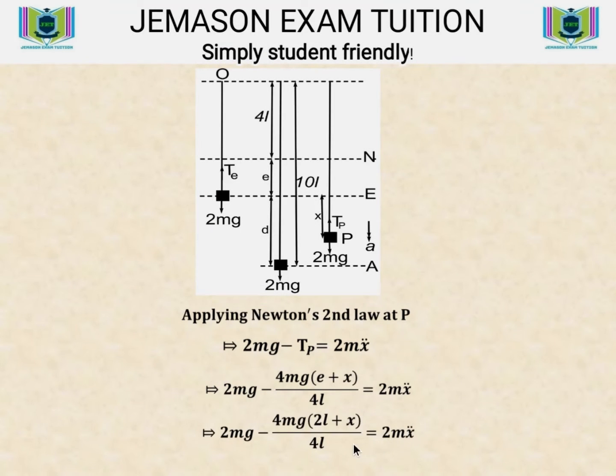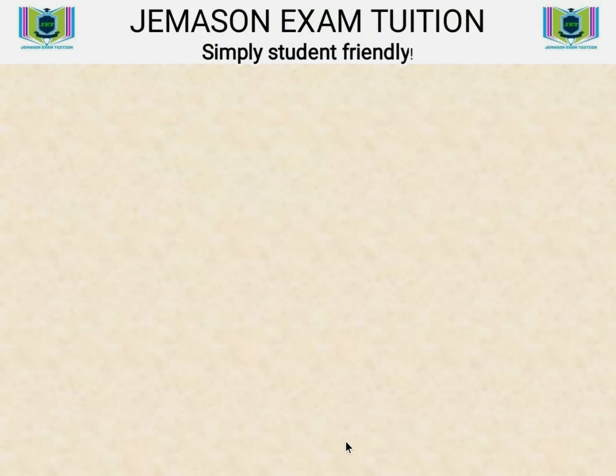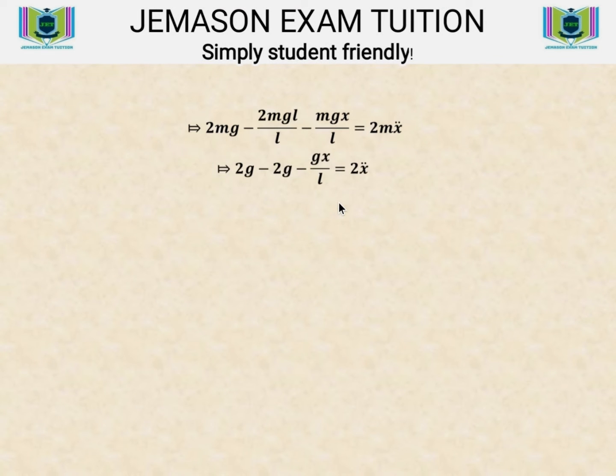So we proceed to replace e, the equilibrium extension, which was determined in the previous section as 2L, and then proceed to simplify the equation by distributing the denominator, and then we cancel the m's in all the terms.